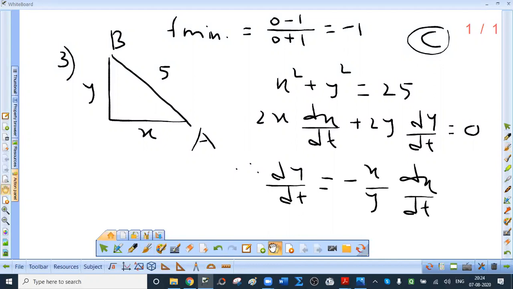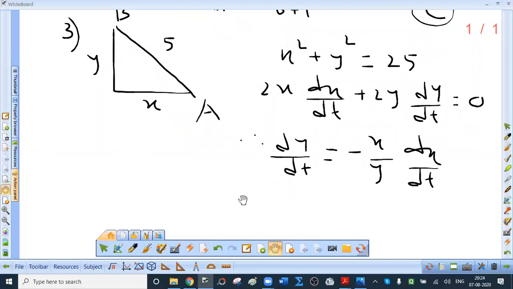Now tell me what is given. Now when x equal to 4, because the length of the higher point of the ladder when the foot of the ladder is 4 meter away from the wall. Okay, so x equal to 4, therefore y equal to what? Root of 25 minus 16, so 3.